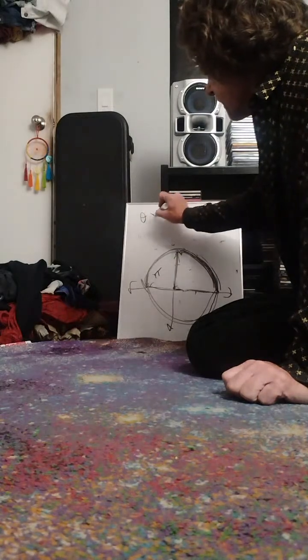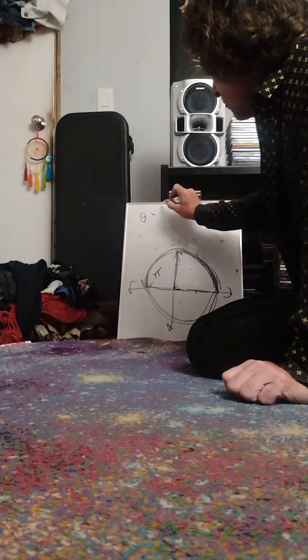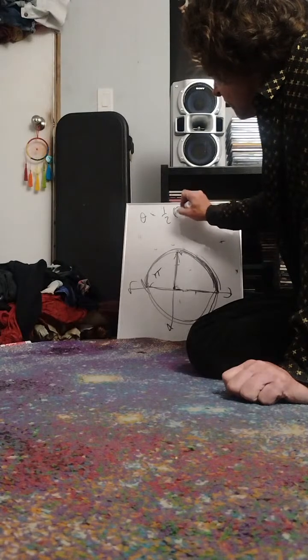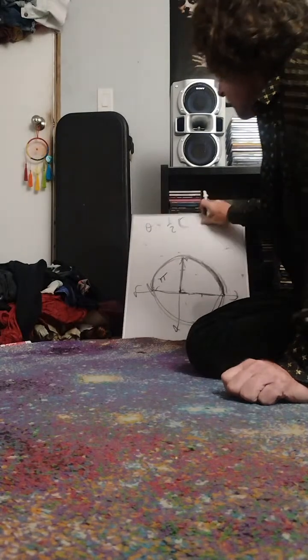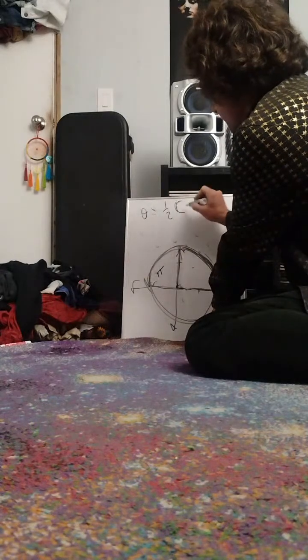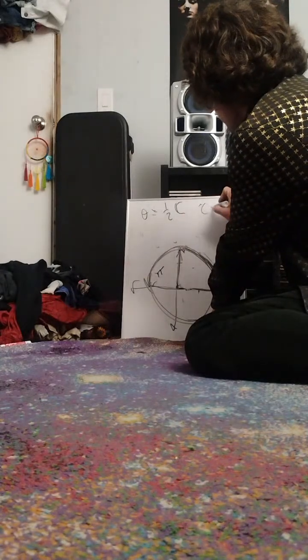So theta equals 1/2 of c. Half of the circumference is equal to the angle.